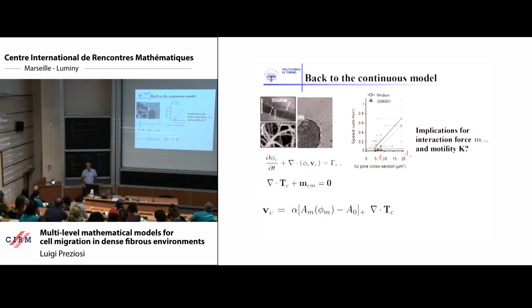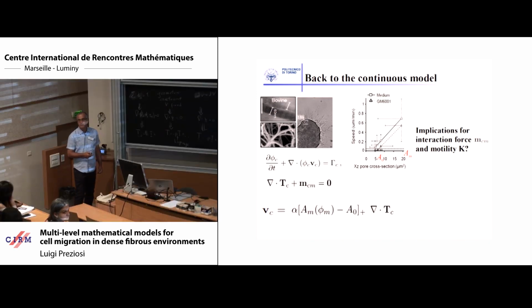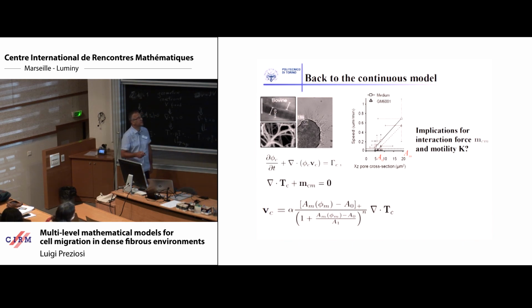Of course, this might not be true, in the sense that we have also learned that at some point the velocity saturates, when there is no extracellular matrix and the pores are very wide. You cannot expect that the velocity goes to infinity, so it's limited. And probably, as you have seen, it's also decreasing.